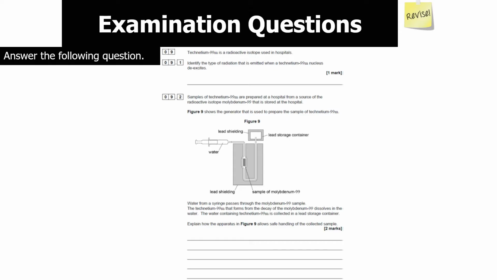Water from a syringe passes through the molybdenum sample. The technetium-99 that forms from the decay of molybdenum dissolves in the water. The water containing technetium is collected in a lead storage container. Explain how the apparatus in figure 9 allows the safe handling of the collected sample. So pause the video now, then unpause the video when you want to go through your answer.